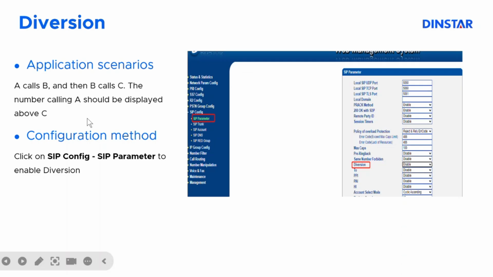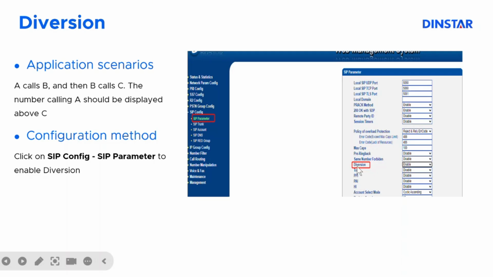In this case, the diversion parameter allows the system to carry both A and B's numbers in the signaling. This helps the called party understand the original caller and the forwarding path. We just enable it in the SIP parameters, and it's an option. We just enable it, and it makes sense.